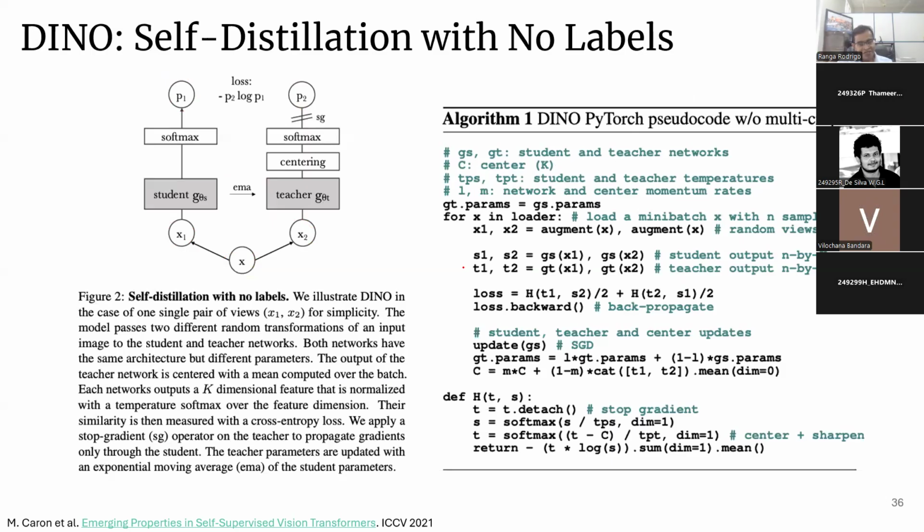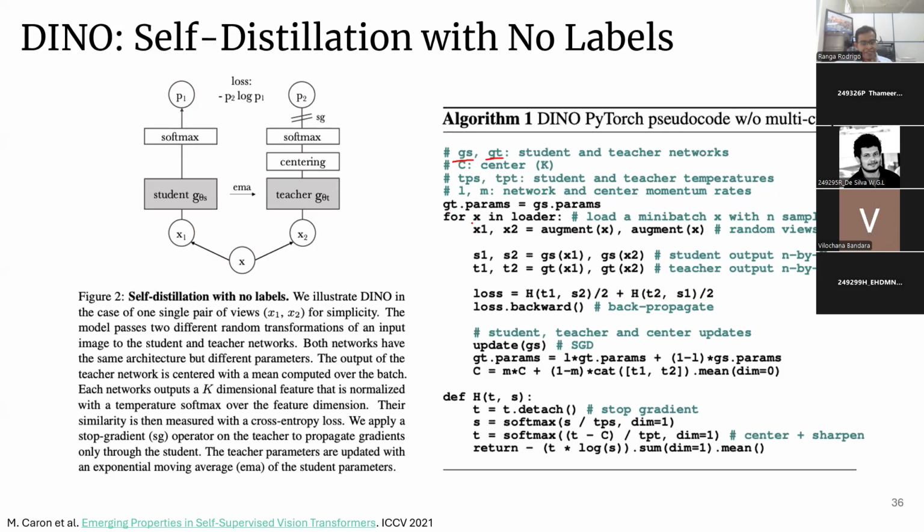This is actually the pseudocode of that. You can see how simple that is. You can see the two networks, gs, the student, and gt, the teacher, the temperatures tps and tpt for student and teacher, the network momentum and the center momentum rates.